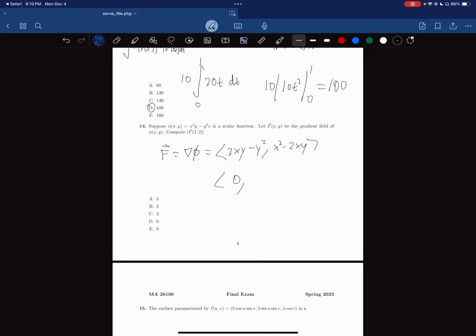And 1 minus 2 times 1 times 2 is 4, so we're going to get minus 4. And I definitely made a mistake here. Nope, it is minus 3. We have 1 minus 2 times 2, which is minus 4, so we have this right here. And the magnitude is, of course, just the square root of 9, or 3. So C is our answer.